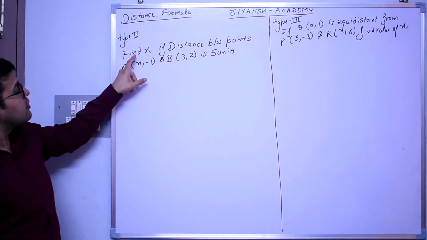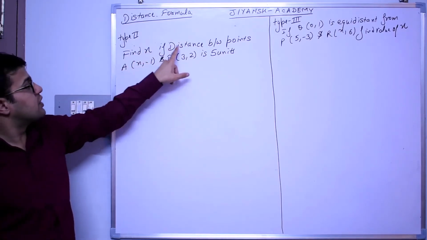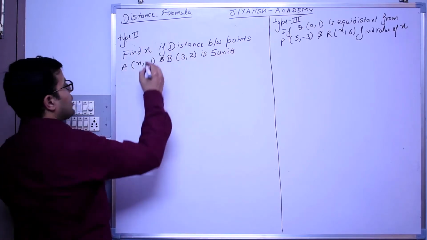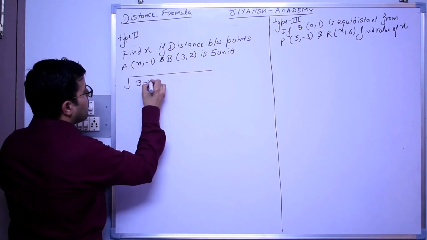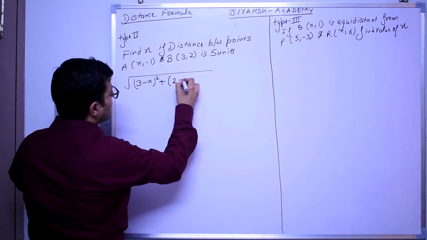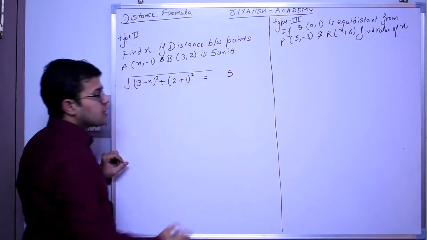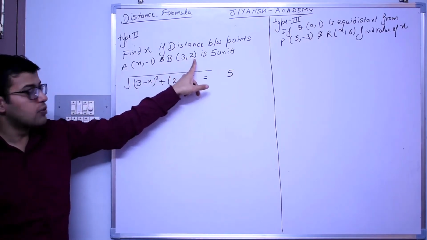The first one is to find the x, or any unknown value, if the distance between the points A and B is given. So as per the distance formula, the square root of x2 minus x1 square plus y2 minus y1 square is the distance, right? So x1, y1, x2, y2.